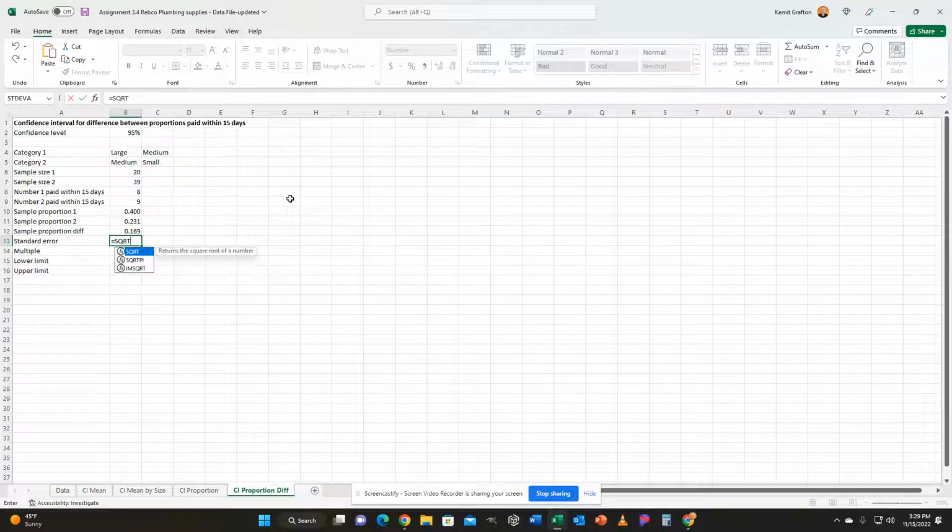We're going to do the square root function. Square root of B10 times (1 minus B10) divided by B6, plus B11 times (1 minus B11) divided by B7, in parentheses.